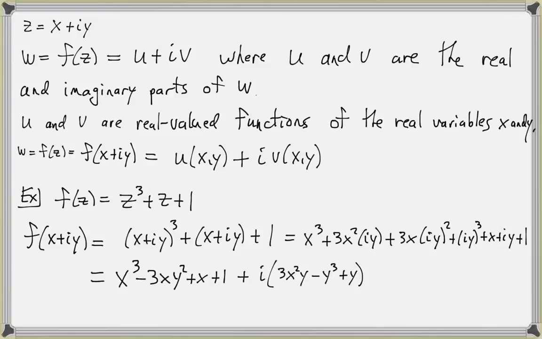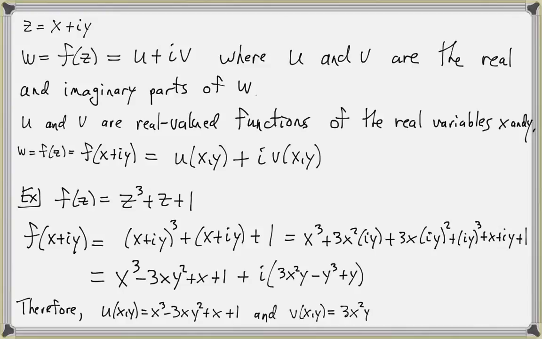And so therefore I can write u of x y, the real part of f of z, as x cubed minus 3x y squared plus x plus 1, and the imaginary part of f, v of x y, is 3x squared y minus y cubed plus y.